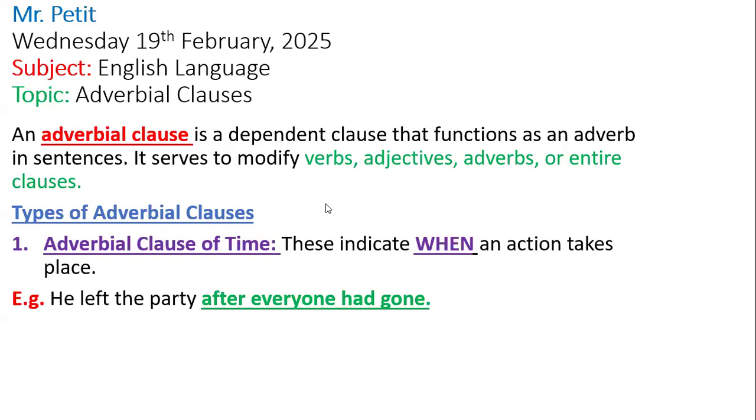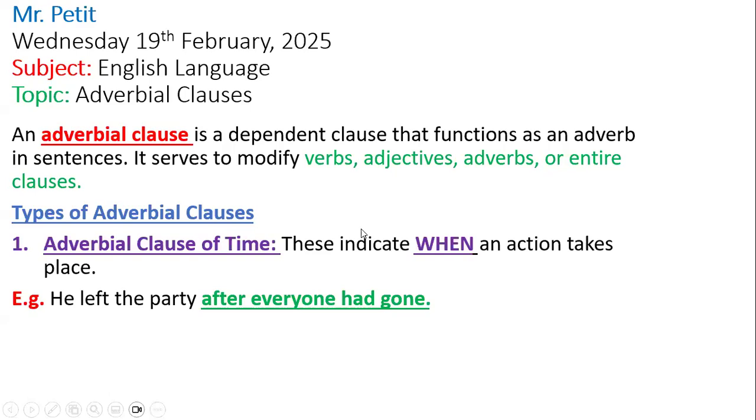Okay, there's another type of adverbial clause that we could use besides the adverbial clause of time, and that is an adverbial clause of place. This will be the second one.